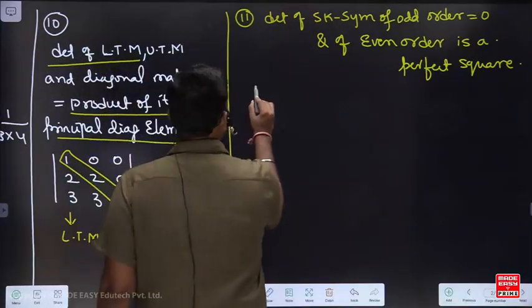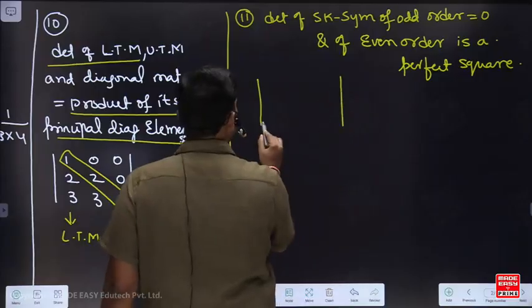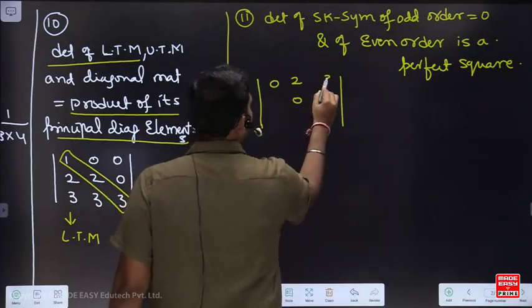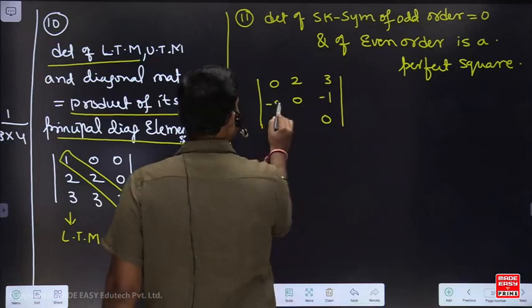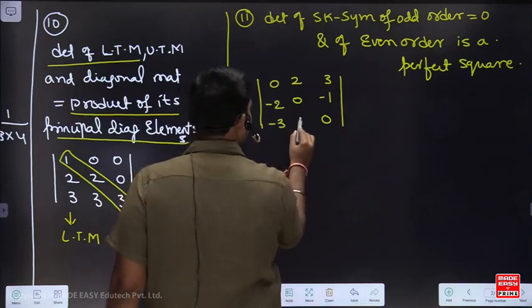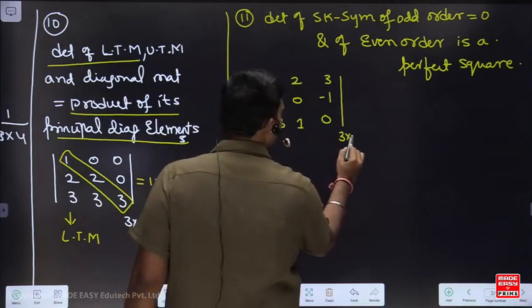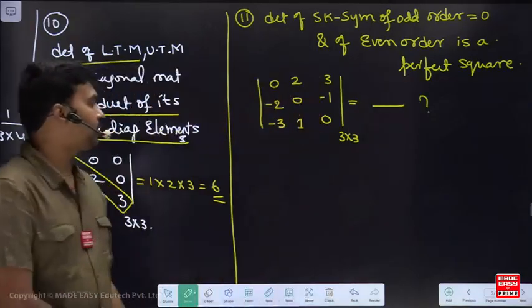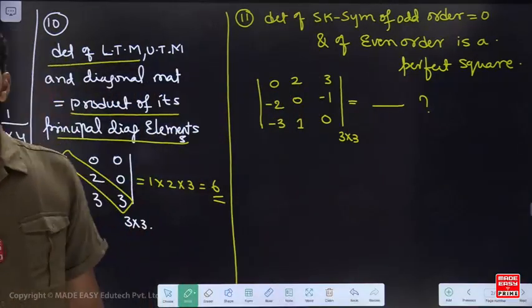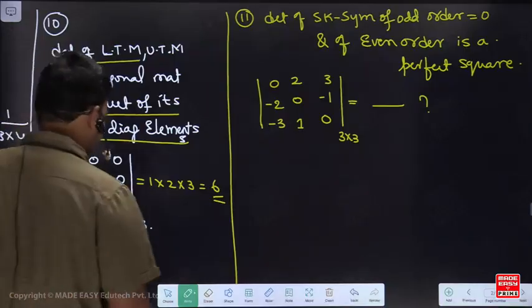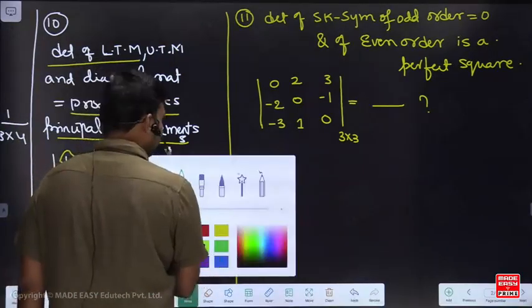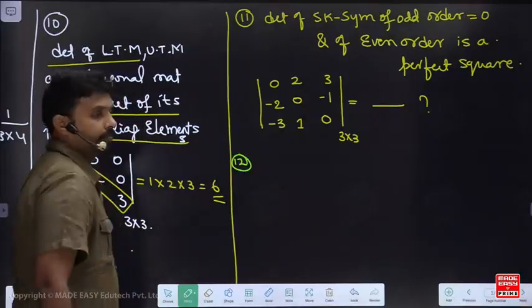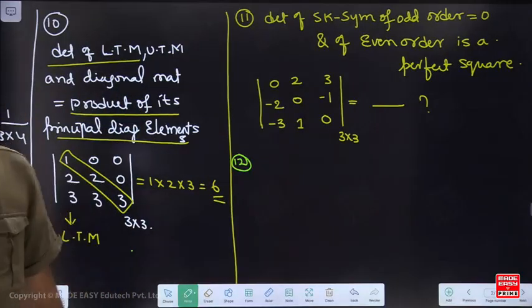Now let's take one question here. 0 0 0, 2 3 minus 1, minus 2 minus 3 1. So what is this determinant value?